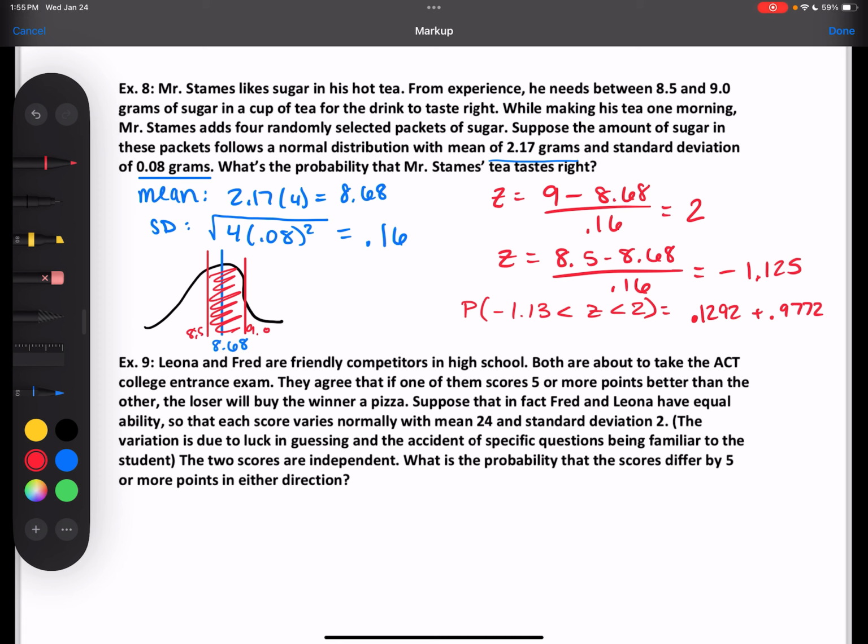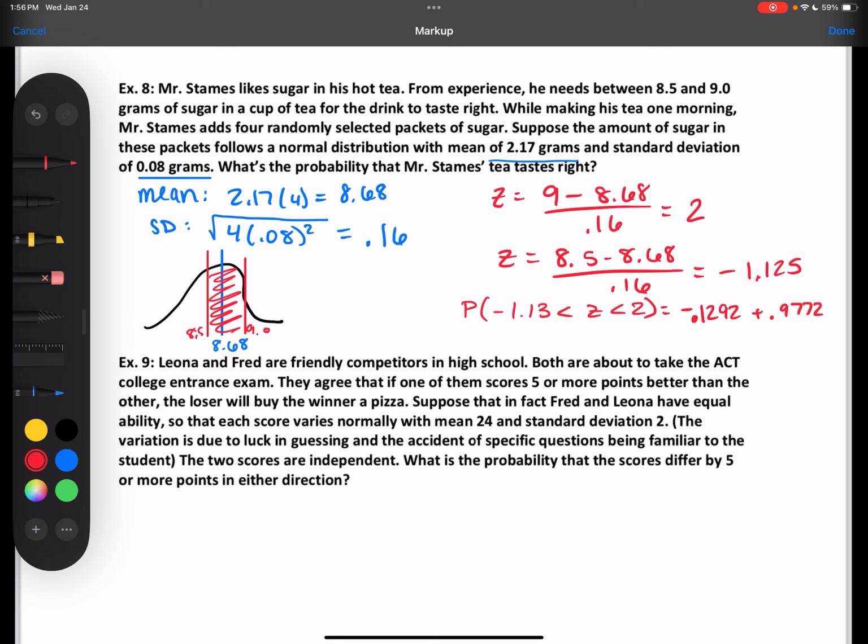All right, now if I add those two things together, I have more than 100%, right? So I've got to subtract off this one, okay? Because I need greater than that value, so I need to subtract that amount off.